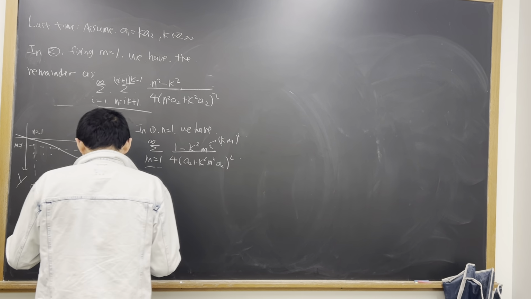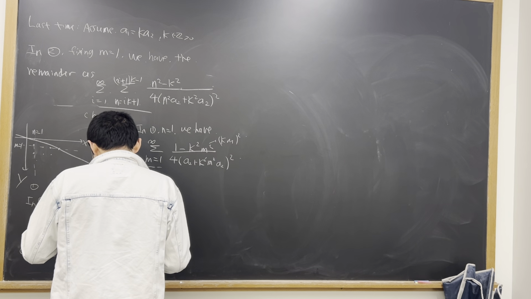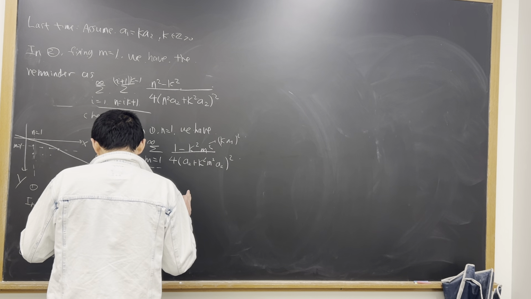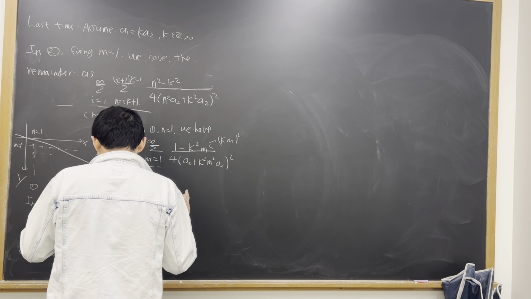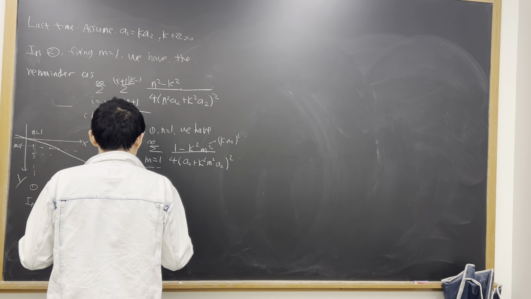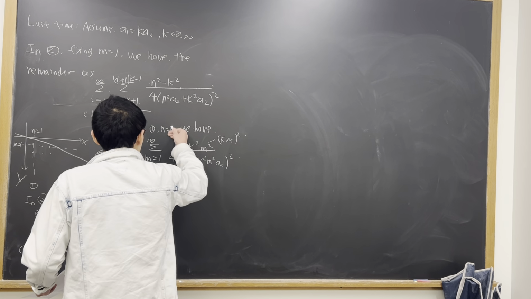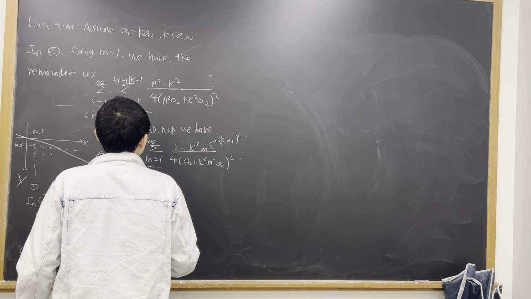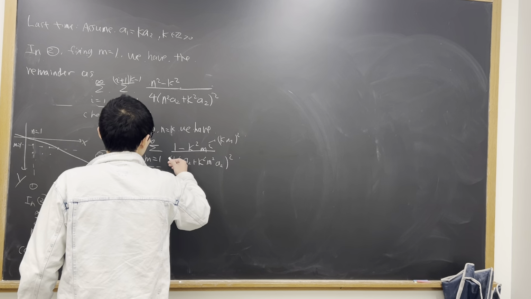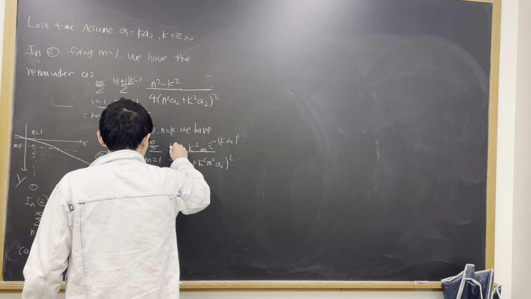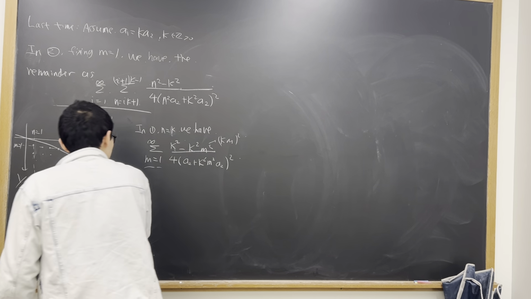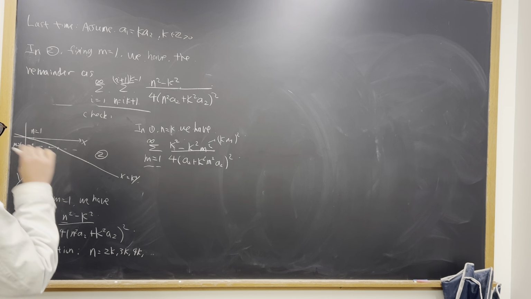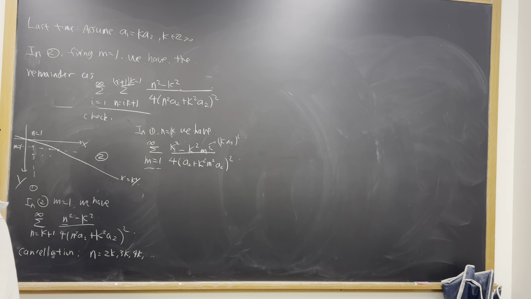Okay, I know where I made the mistake. Okay, I know where the mistake comes from. It should correspond to n equal to k, so it should be k squared here. And then this corresponds to m equal to 1.